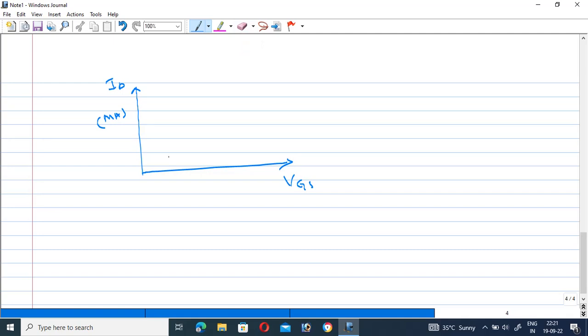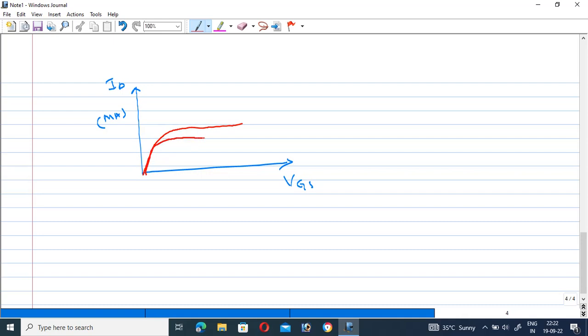At zero voltage, this value stays at zero, then it increases and then maintains like this.